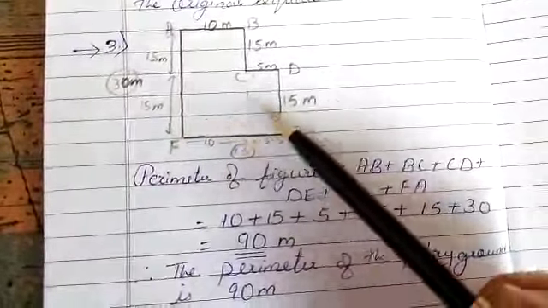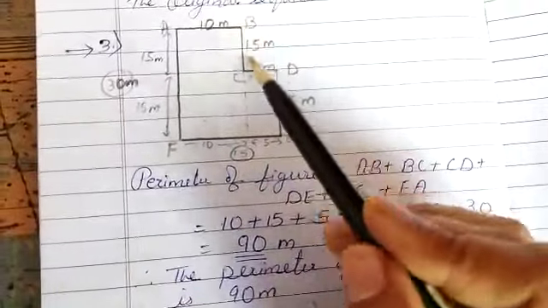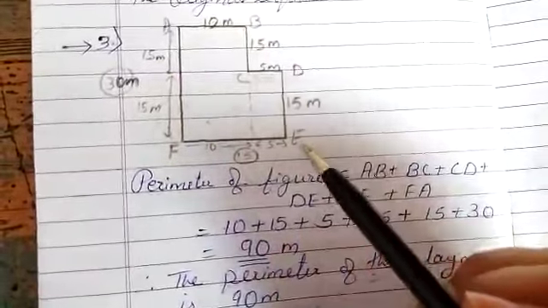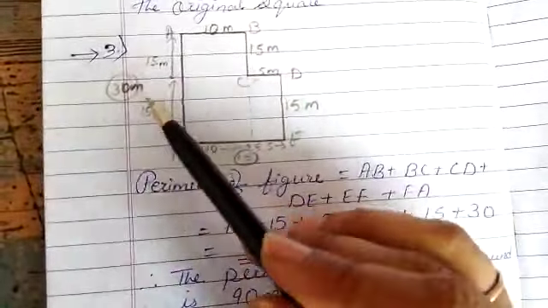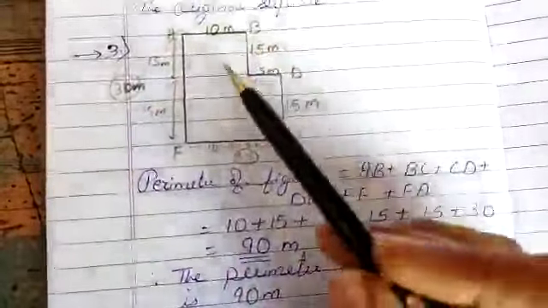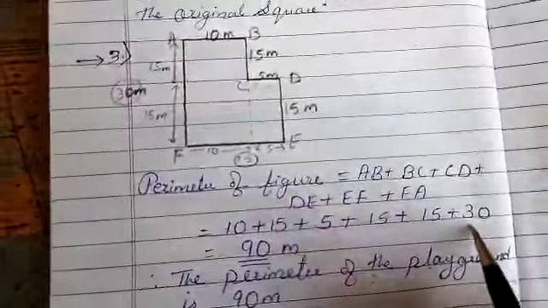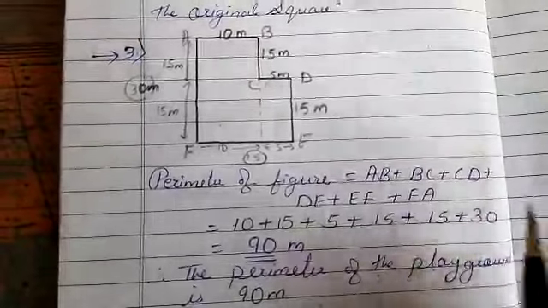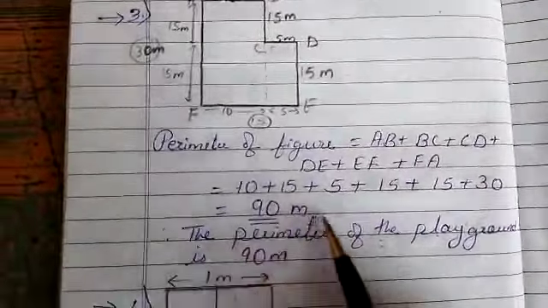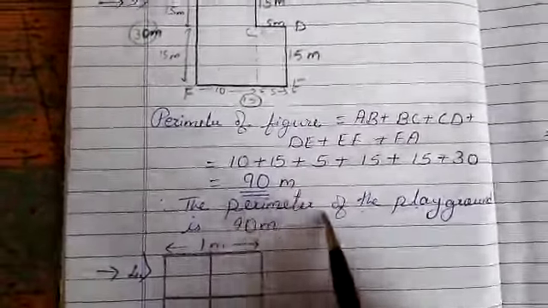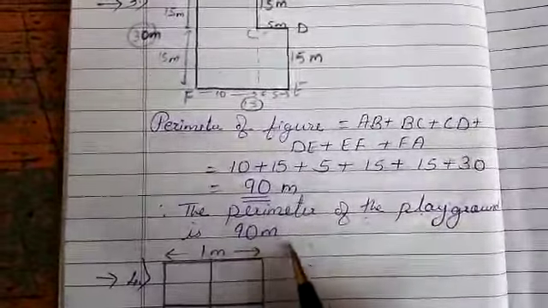FA is not given, you have to find it. BC is 15 and DE is 15, so 15 plus 15 is 30. That means AF is 30. Now let's total all the sides. You will get 90 meter. So therefore the perimeter of the playground is 90 meter.